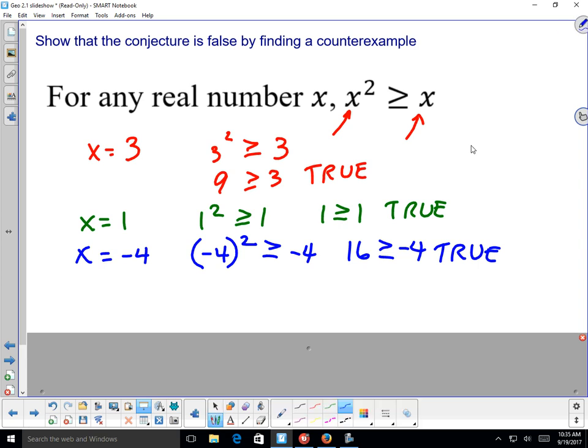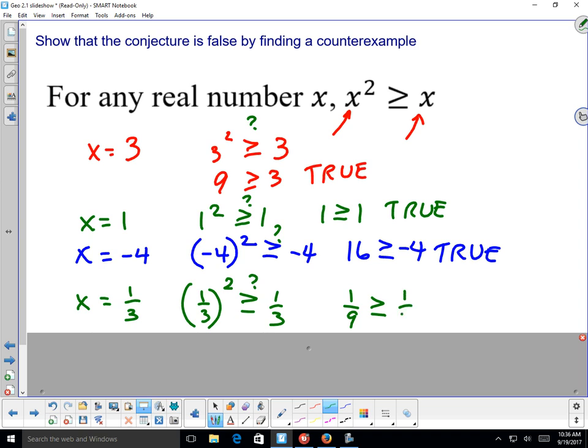We didn't try any fractions here, so let's try x equals 1/3. If I try x equaling 1/3, is 1/3 squared greater than or equal to x? And on all these I could put a little question mark because I'm trying to figure out if this is true or not. Well, 1/3 squared is 1 squared over 3 squared. That's 1/9. Is 1/9 greater than or equal to 1/3?